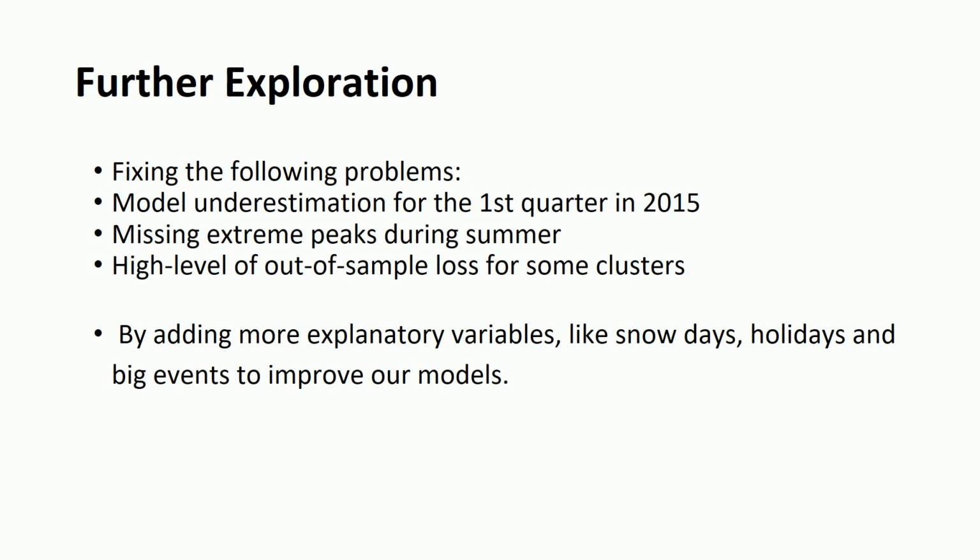The third problem is a high level of out-of-sample loss for some clusters. As far as we are concerned, adding more explanatory variables like snow days, holidays, and big events to improve our models may give more accurate results.